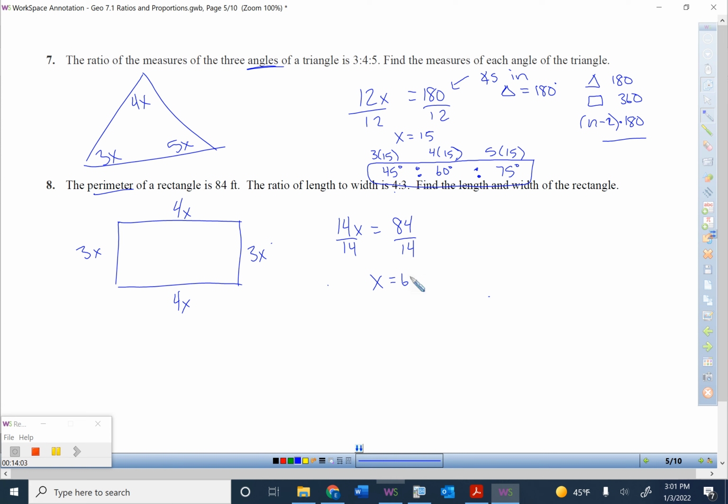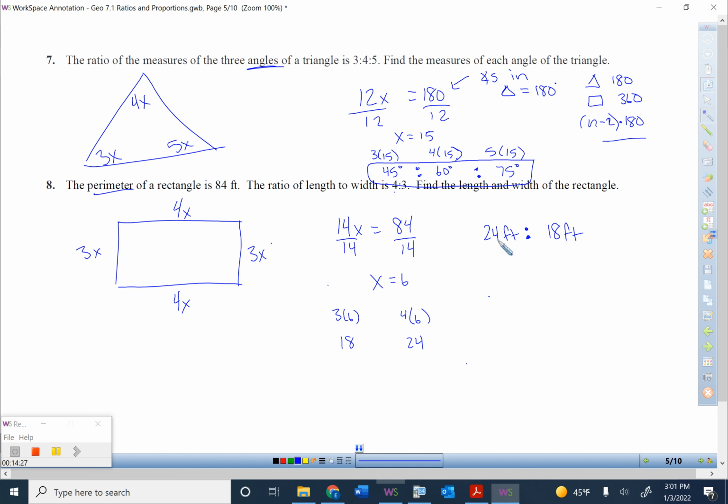Okay, once we have that, we can plug it back in for our 3 and for our 4. Okay, but remember, we want to write it in the order they give us. So 24 with the feet, colon, and then 18 with the feet.